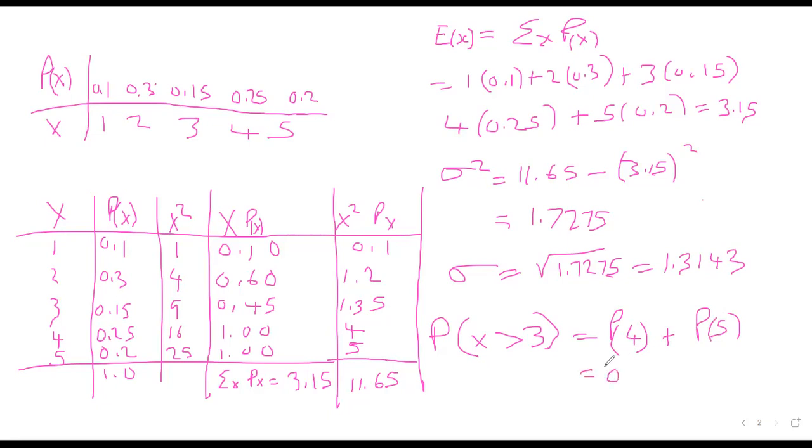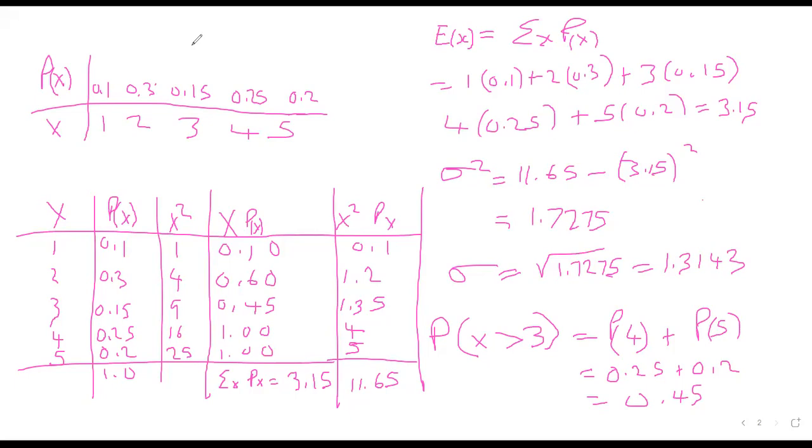The probability of 4 is 0.25, and the probability of 5 is 0.2. So the probability greater than 3 ultimately becomes 0.45. Is that clear?